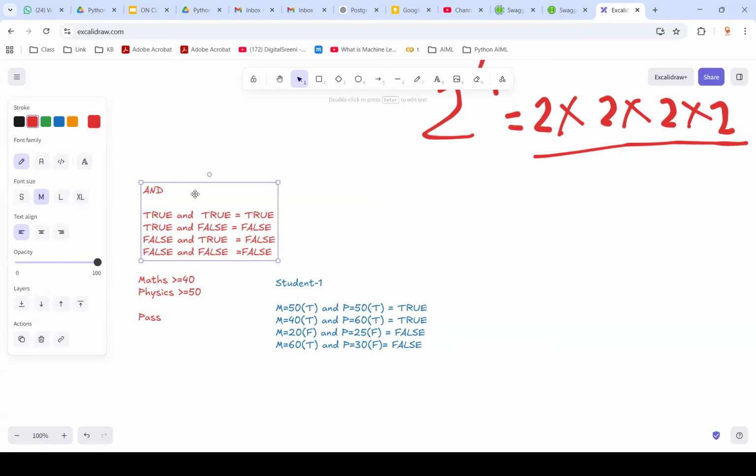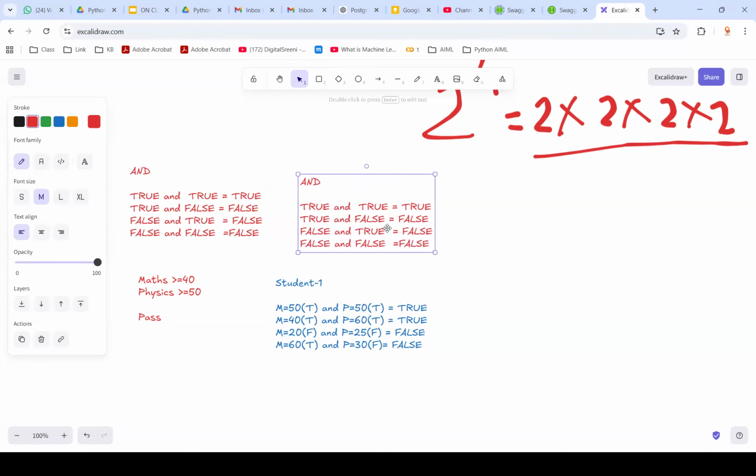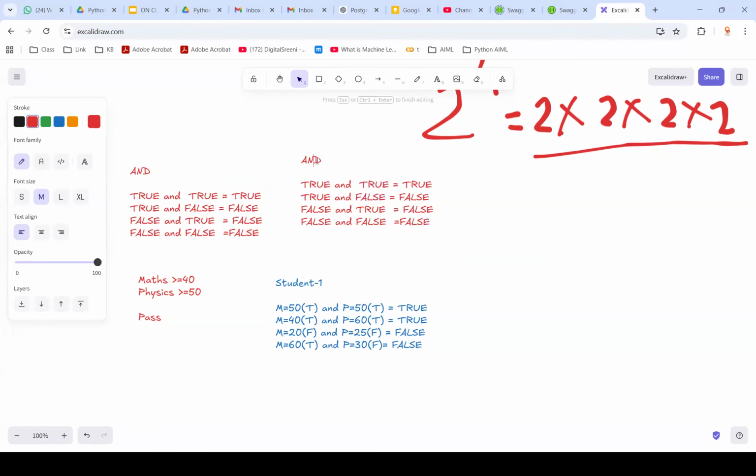So here is the rule I showed you, if we are using and between two logical statements or two boolean values, this will be the answer. Now if we do the same thing, but instead of and we use or, what will be the answer?